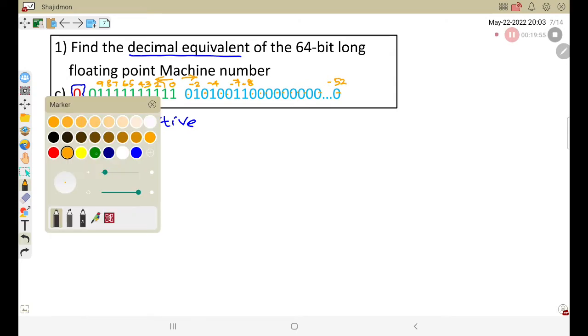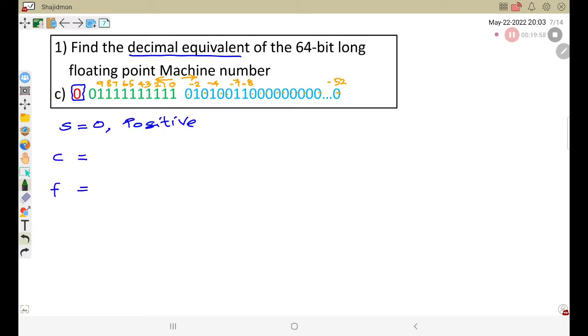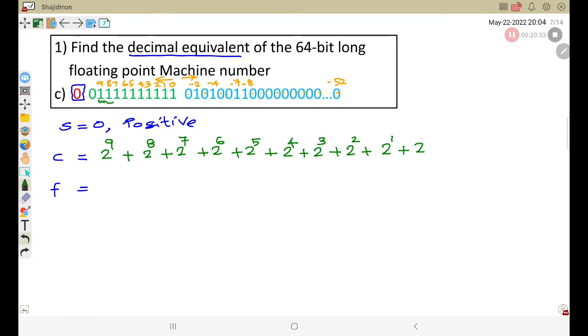Now we convert the number into a decimal number, first the characteristic part. Starting from here, 2 power 9, plus, there are too many ones, so we change all the numbers: plus 2 power 8, plus 2 power 7, plus 2 power 6, plus 2 power 5, plus 2 power 4, plus 2 power 3, plus 2 power 2, plus 2 power 1, plus 2 power 0.